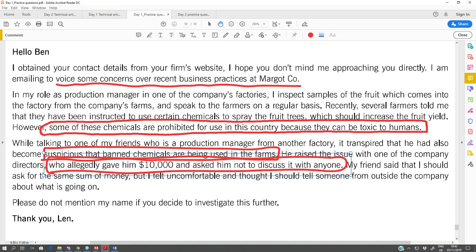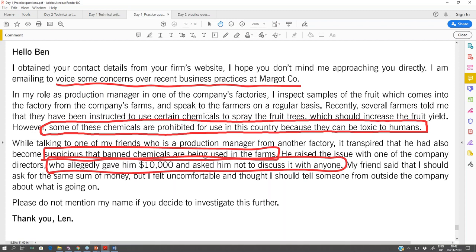"My friend said that I should ask for the same sum of money, but I felt uncomfortable." So Len felt uncomfortable. He doesn't want the $10,000 and thought he should tell someone from outside the company, and that is where he approached Ben. "Please do not mention my name if you decide to investigate this matter further."